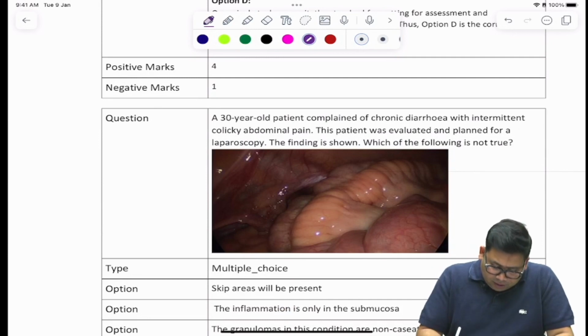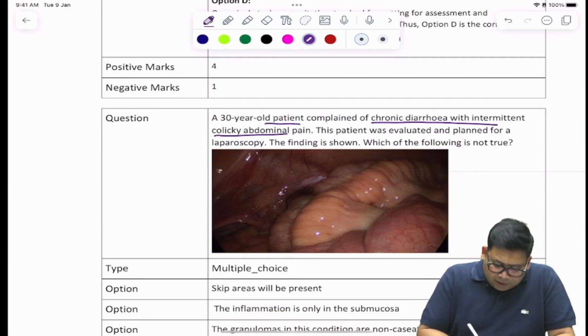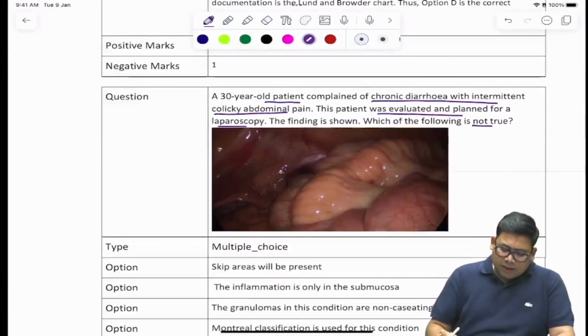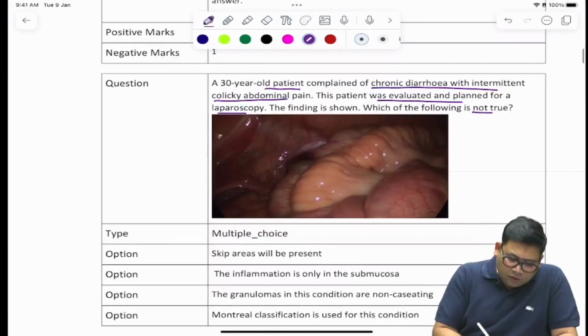A 30-year-old patient complained of chronic diarrhea with intermittent colicky pain. The patient was evaluated and planned for laparoscopy. Which of the following is not true? Can you see the fat stranding, or fat creeping, over the mesentery?